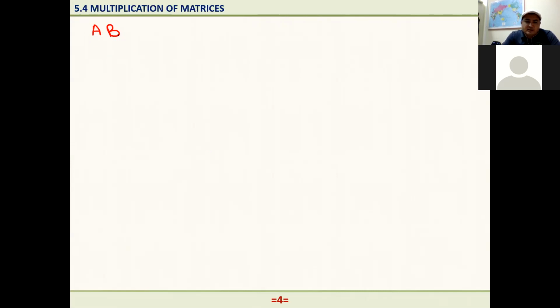So to be able to multiply two matrices, A by B, let me write the order of A. Let's say the order of A is M by N. If you want to multiply A by B, then the order of B must be N by P. As you see, on purpose I'm writing N here and here. The first N represents the number of columns of A, and this N represents the number of rows of B. If it is so, then multiplication is possible, or we say that it is defined.